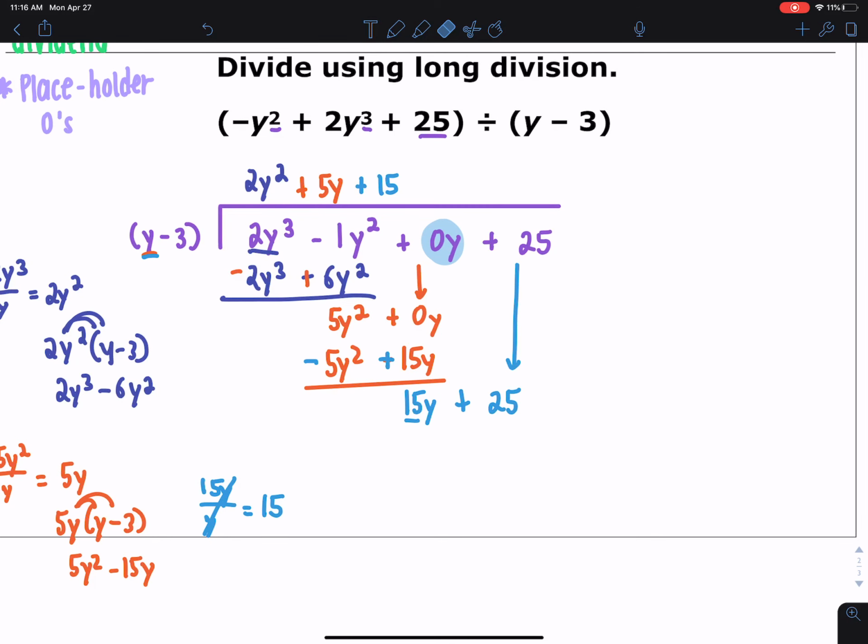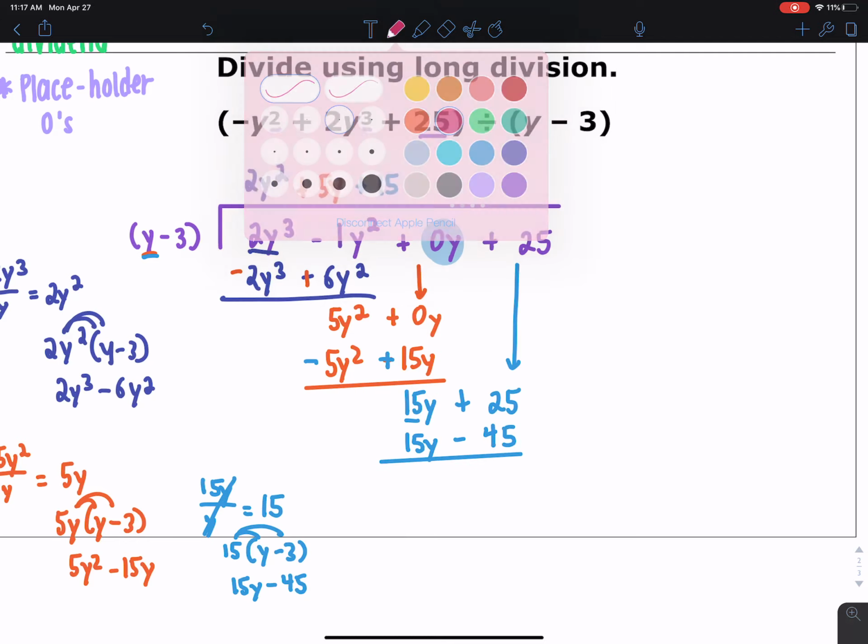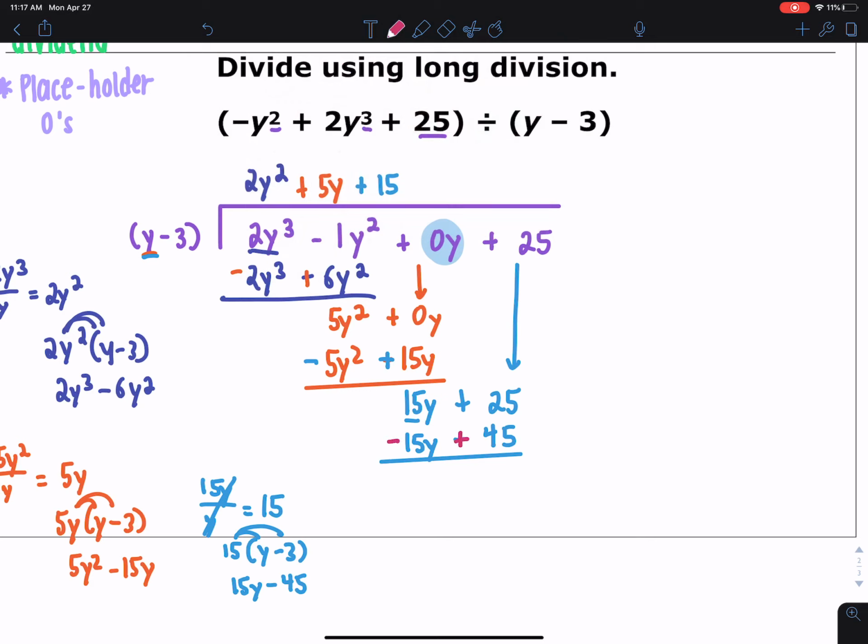So we take 15 then, and multiply by our divisor, which would be 15y minus 45. And again, we're subtracting the entire quantity, so we have to subtract this and subtract a negative, which is going to make it plus. And then 25 plus 45 is going to give us 70. So we have plus 70 divided by y minus 3. And there's our quotient.